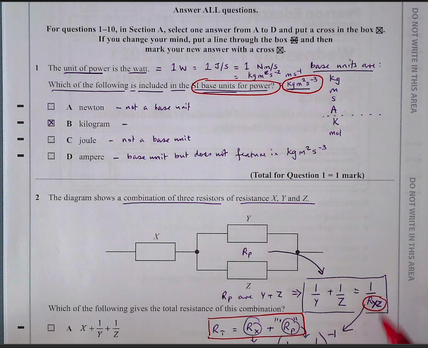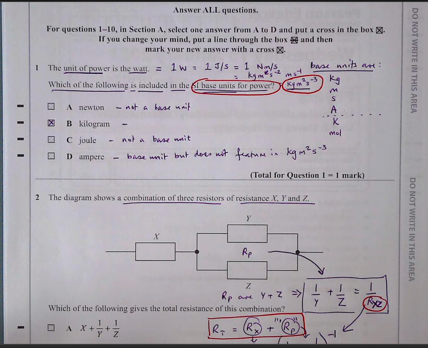Well, if you know how to do that, you multiply the denominators by each other, so Y times Z, and then cross multiply, this will be a Y and this will be a Z, so Z plus Y over YZ is how you simplify that, but you want the inverse of that, so you have to reverse the fraction.